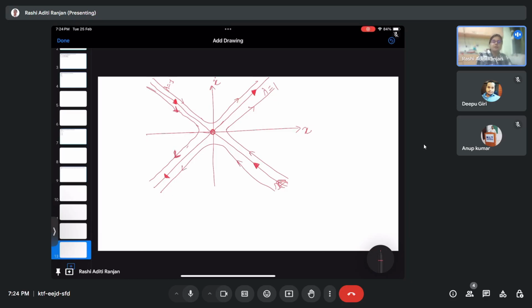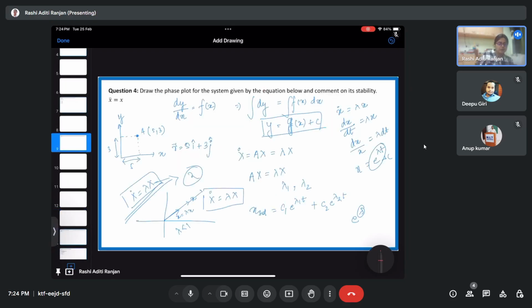Okay, I hope this is clear. And this is nothing but the phase plot, and the saddle point is there. So we know what the phase plot is, and we know that the point is a saddle. I hope this is clear.